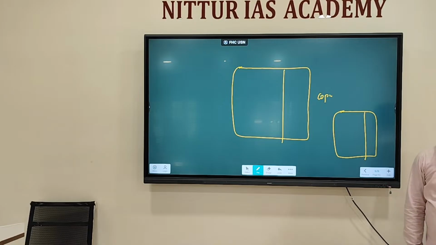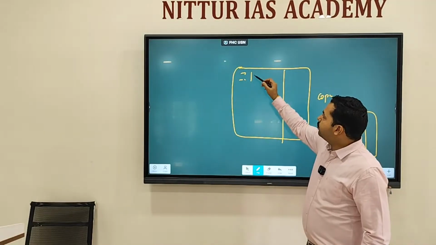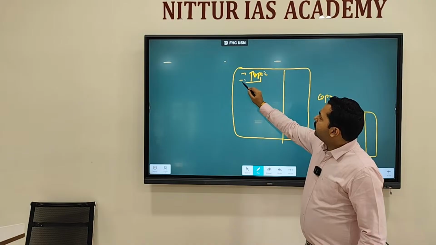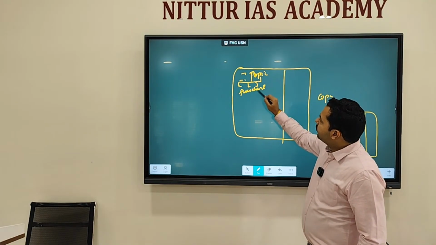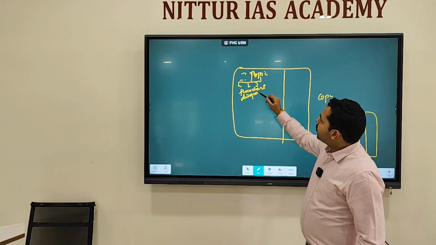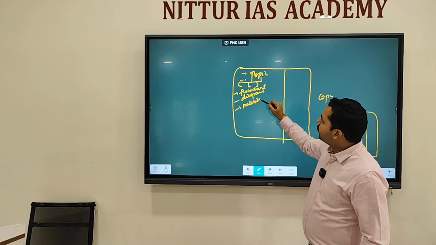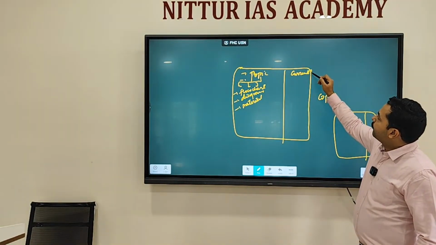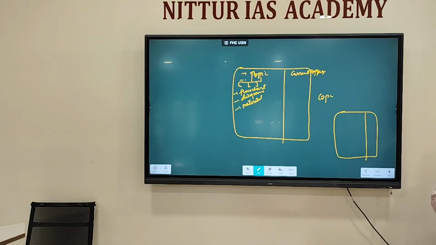Now on this side, you may write the topics, flow charts, diagrams, as well as the material that you want to write. Leave this part for current affairs. So whenever you get anything from the newspaper, you can write it there.